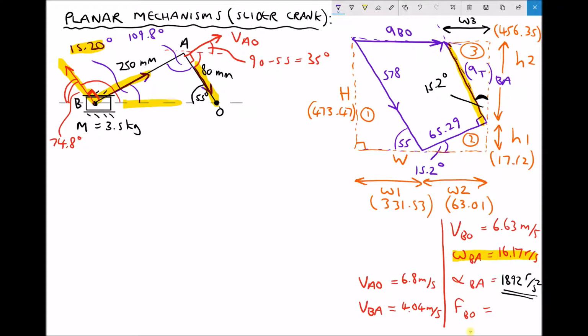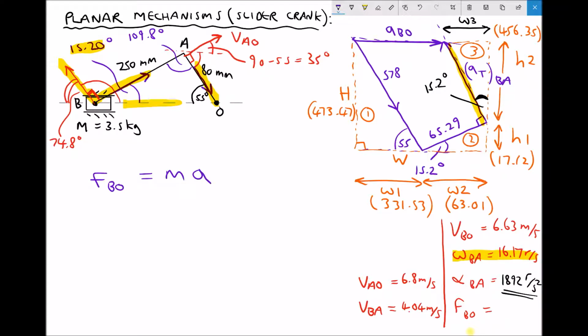Okay, so the final thing we're trying to calculate is the force required to accelerate the slider, or the force required to move B relative to the origin. Now the formula for force is just mass times acceleration. So we already have the mass of the slider.